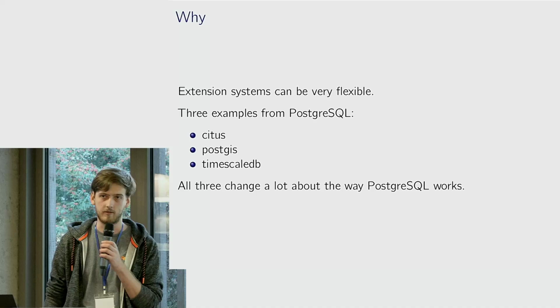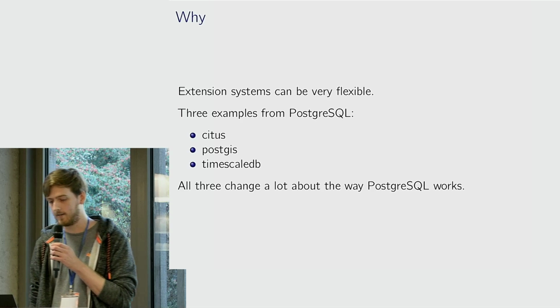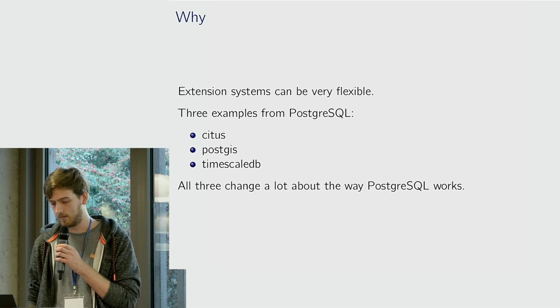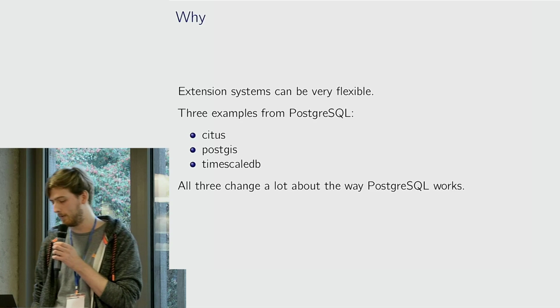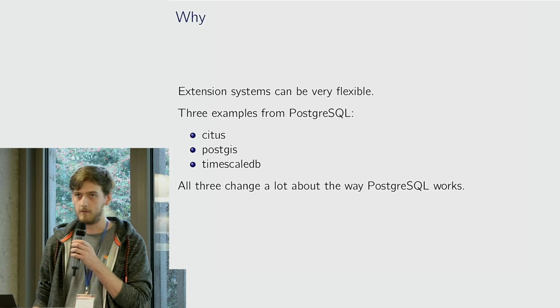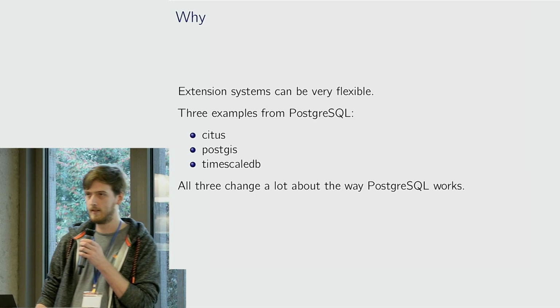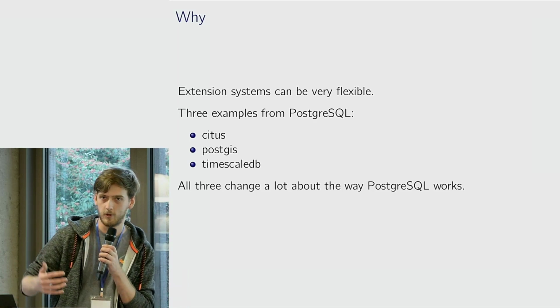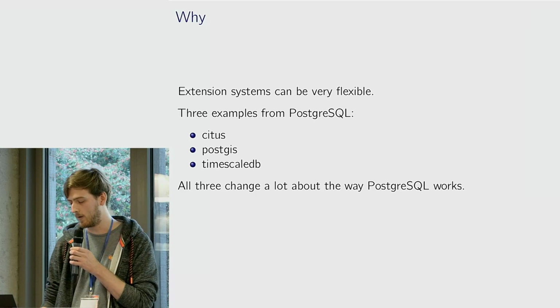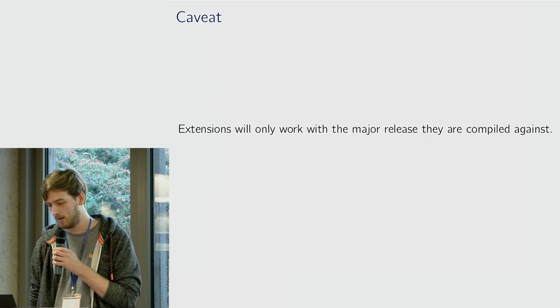TimescaleDB turns Postgres into a time series database. These are pretty radical departures from what you would usually do, but still within the Postgres framework and with the Postgres protocol, and you use SQL, so it's quite handy from a development perspective.